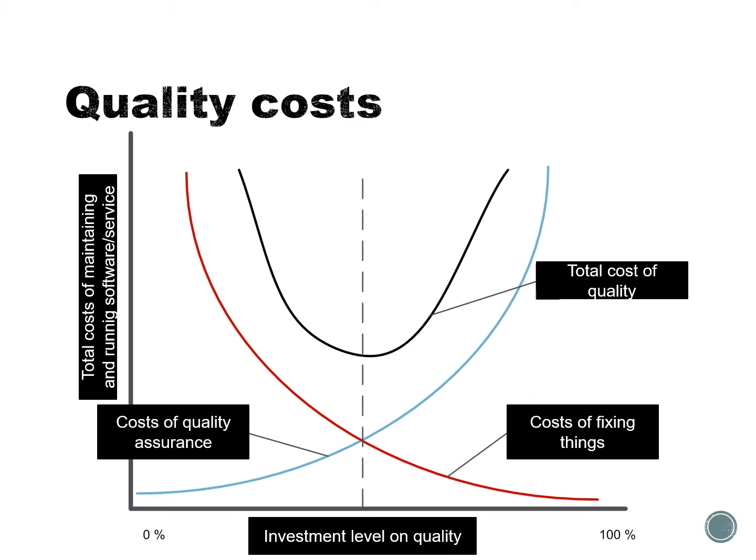So most likely there's a nice midpoint somewhere where we get enough quality to fulfill all our customer needs, fulfill all our maintenance needs, and still not actually waste money going with the excessive quality.